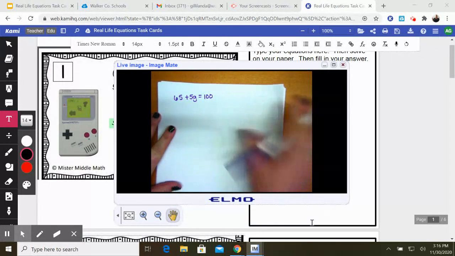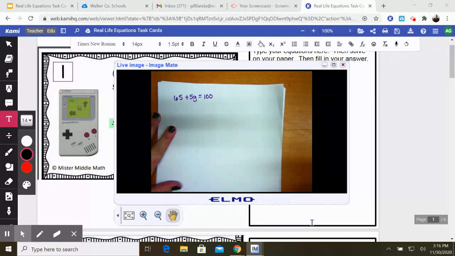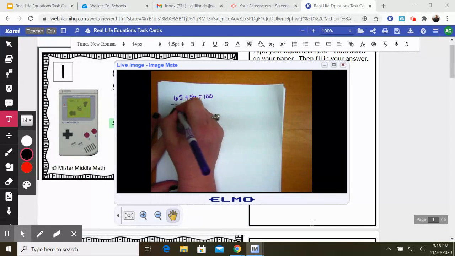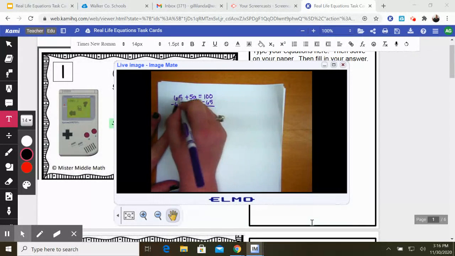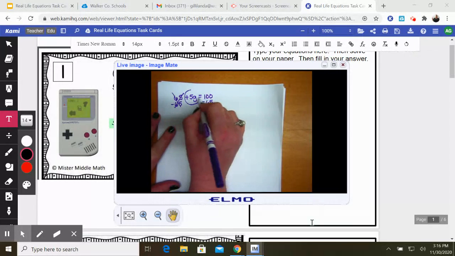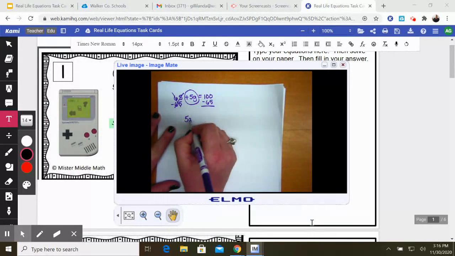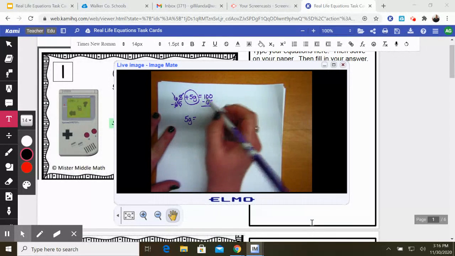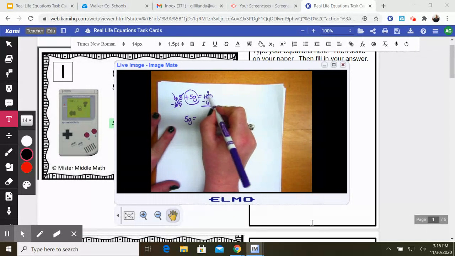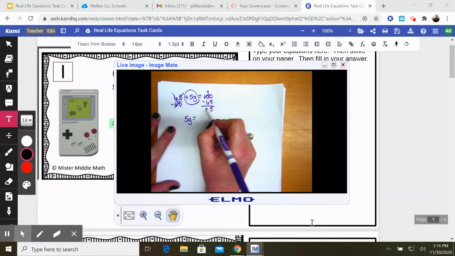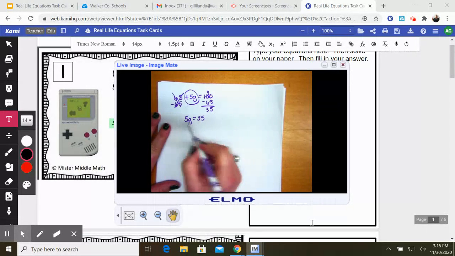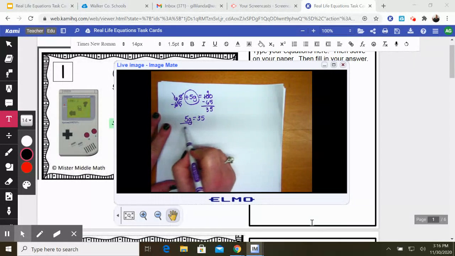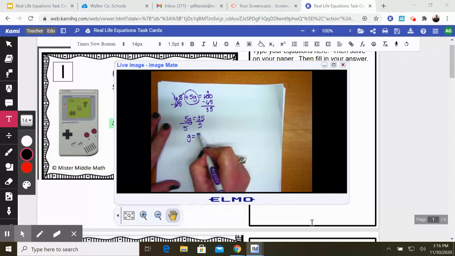Again, just like with all of our others, we're trying to get our variable by itself. So we're going to subtract 65 from both sides. This one goes away. We're left with 5g on this side. 100 minus 65 is 35. And then I know I need to divide both sides by 5. So G equals 7.